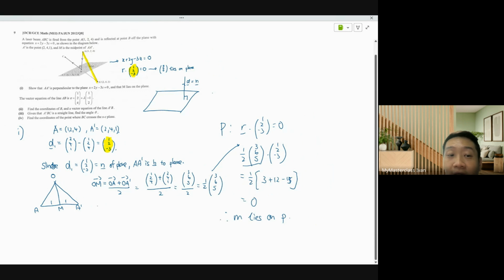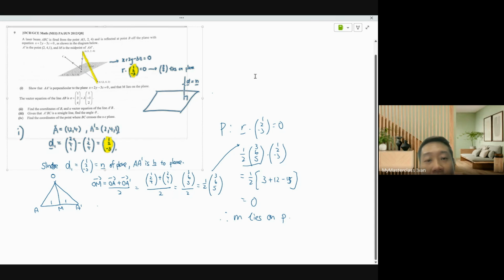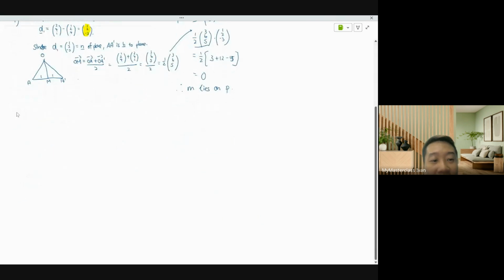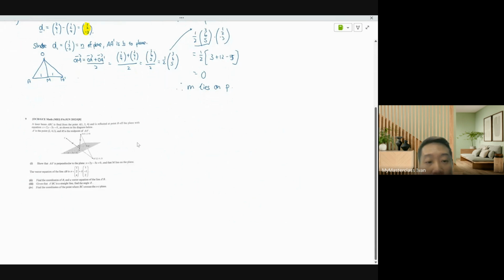Understand? It may seem like a lot of information. Now the vector equation of AB is this. Find the coordinates of B, which is on the vector equation of A prime B. If you don't know what the question wants, or if your mind is not very clear, then you will be stuck and you will not know what to do.